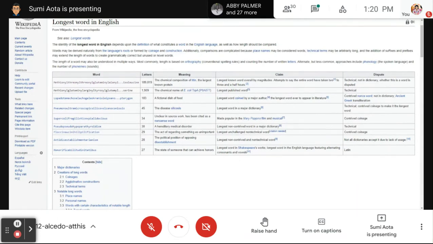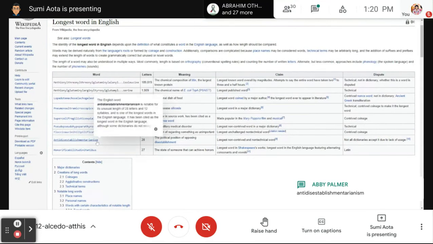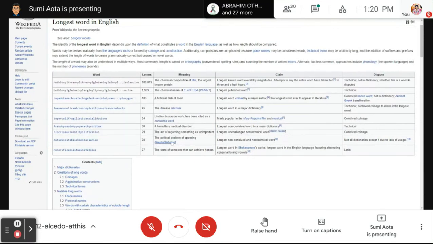The largest non-contrived and non-technical word. Yeah, I can see that. 28 letters. Imagine if you tried to put that word for Titan into a dictionary.